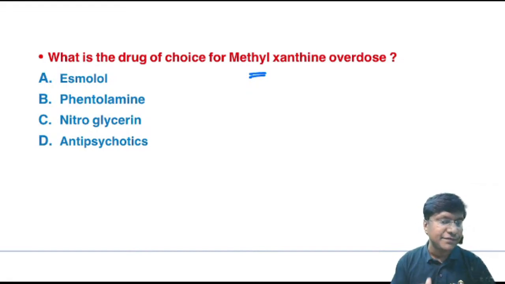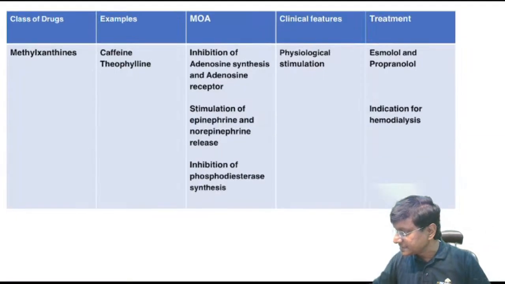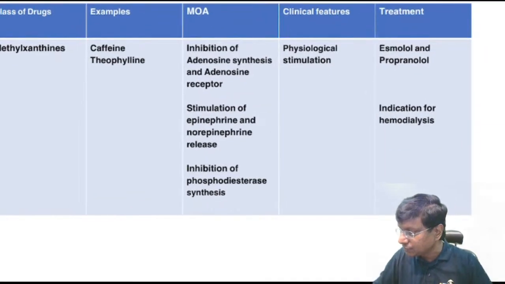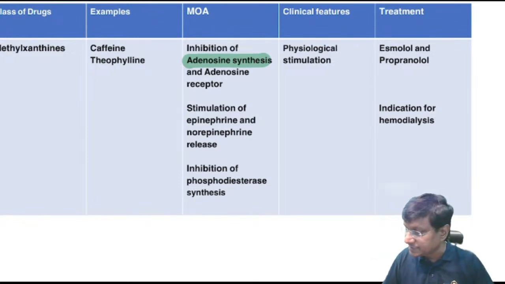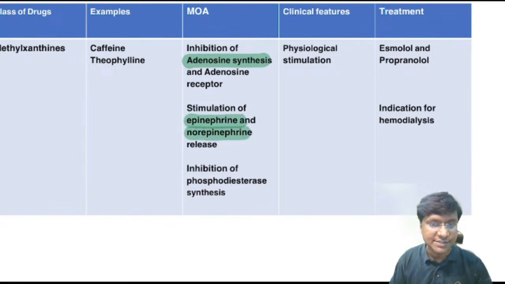You should know the mechanism of action of these methylxanthines. Number one, they cause inhibition of the adenosine receptor. Not only that, they cause stimulation of epinephrine and norepinephrine release.